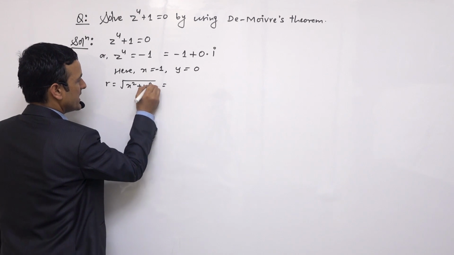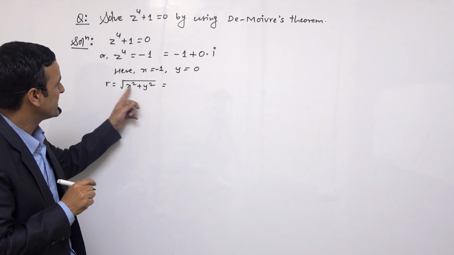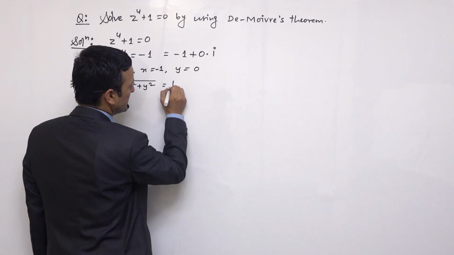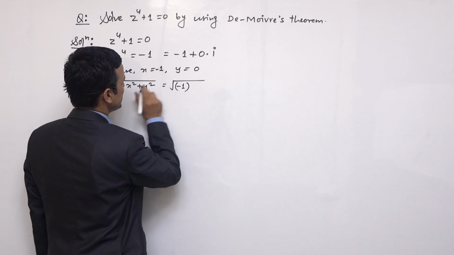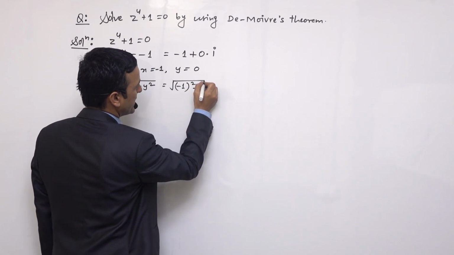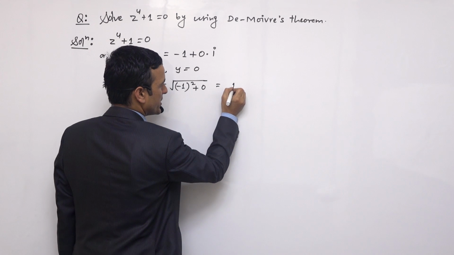So r is equal to the square root of x square plus y square. This is the formula to find the value of r. So the value of x is minus 1, squared, and the value of y is 0. So it will be 1.